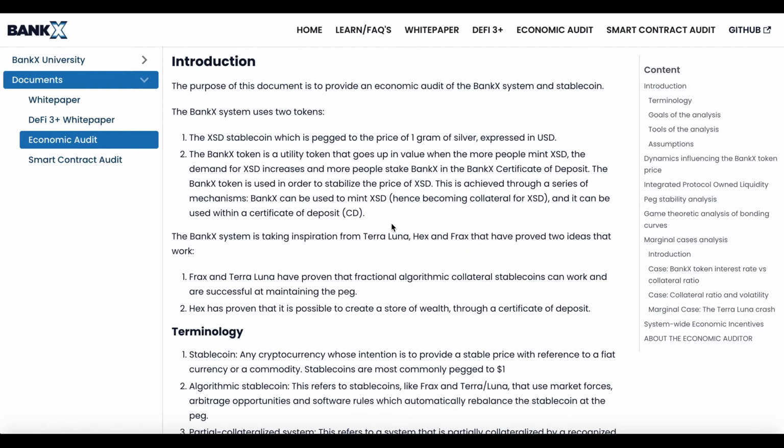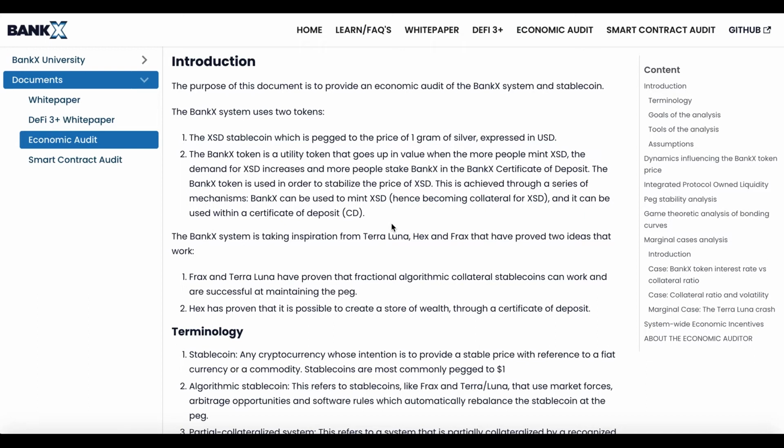On this short video, I'd like to say a few words about the BankX tokenomics audit. Auditing tokenomics is a fairly new development in the area of tokenomics. It's actually been only a few years since tokenomics was established as a field.